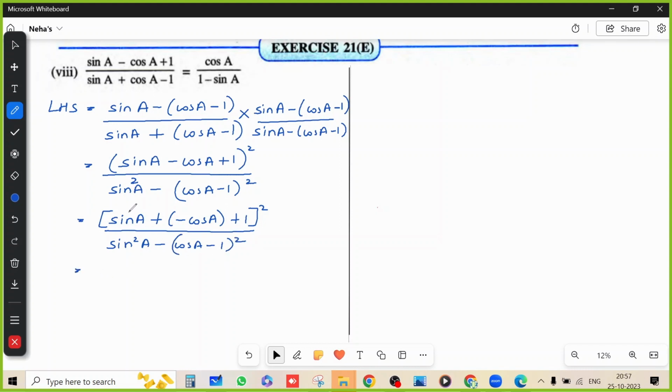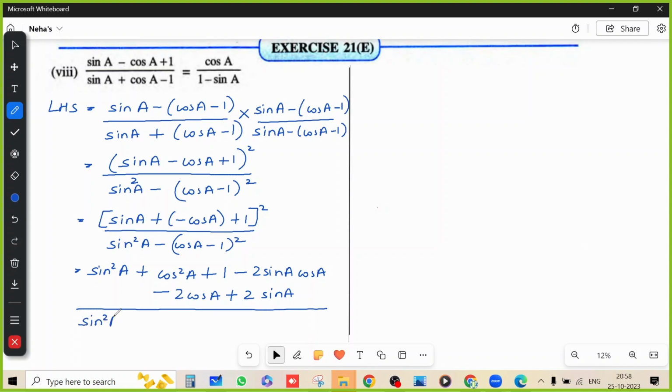Now we will apply the formula of A plus B plus C whole square in the numerator, which is equal to A square, that is sin square A, plus B square, that is minus cos A whole square, that will become cos square A, plus C square, that is 1, plus 2AB, that will become minus 2 sin A cos A, minus 2BC, that will become minus 2 cos A, and plus 2AC, that will become plus 2 sin A. This would be divided by sin square A minus, now here we will apply the formula of A minus B whole square.